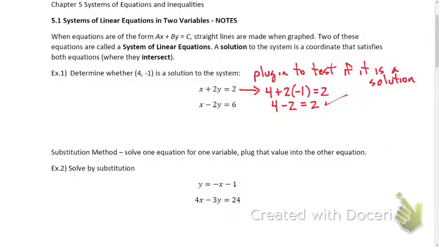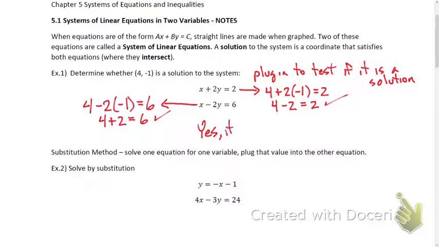Let's plug in 4, -1 into the second equation. We have 4 minus 2 times -1 equals 6, and we get 4 plus 2, which is 6. So since we get two true statements, yes, it is a solution.